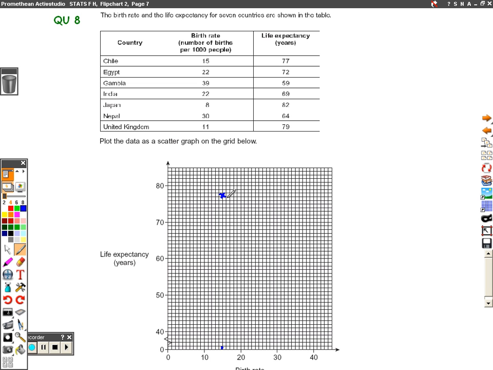Okay, with little x's. 22 with 72. 39 with 59. 22 with 69. 8 with 82. 30 with 64. And 11 with 79.